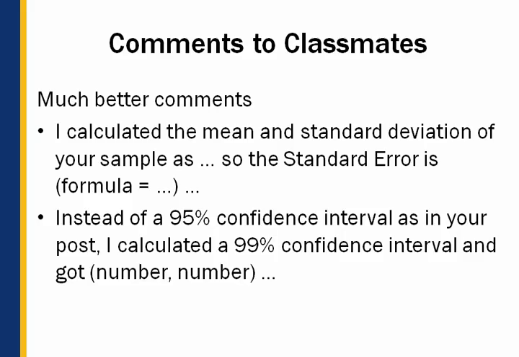Another thing that you could do is to do a slightly different version of the problem. So if your classmate said, calculate a 95% confidence interval, you could actually post, here's a 99% confidence interval, and this is what I did differently.